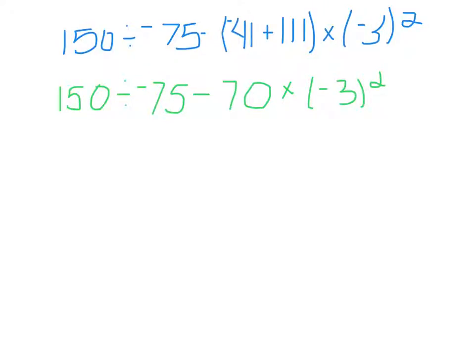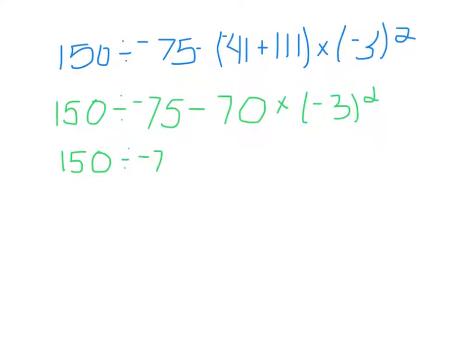Next is my exponent. So I'm going to rewrite everything except my exponent. 150 divided by negative 75 minus 70 times negative 3 squared. That would look like this.